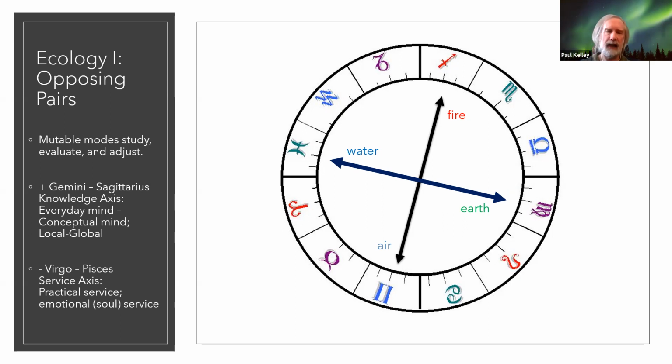The Virgo-Pisces axis is one of service. So Virgo, being an earth sign, is practical service, whereas Pisces, being this ethereal water sign, is more of a soul service. It's serving humanity. It's serving the universe.